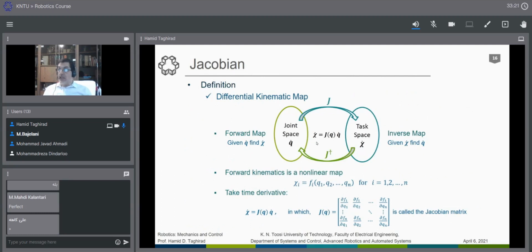Considering this in mind, today we are looking into ways to generally find the Jacobian matrix for a serial manipulator. Of course, any forward map has an inverse map, so we could find the inverse of this matrix.